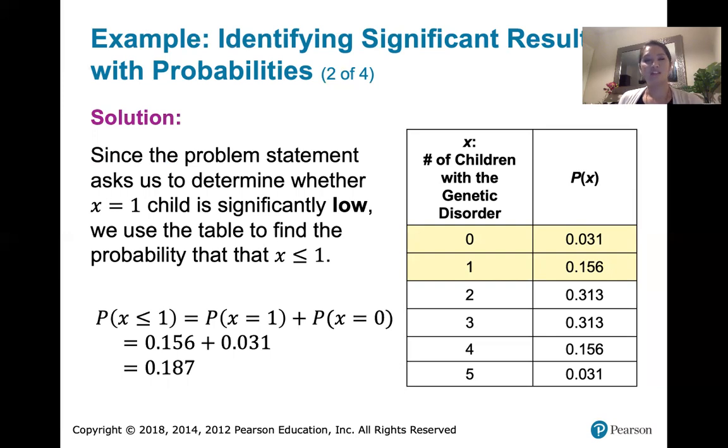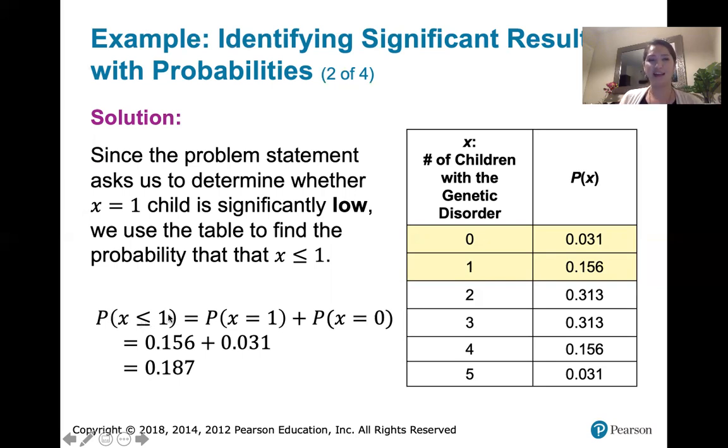When we say more extreme, we mean lower than that in this case. So we're looking at having 1 child with a genetic disorder or 0 children with a genetic disorder, and we want the probability that X is less than or equal to 1.